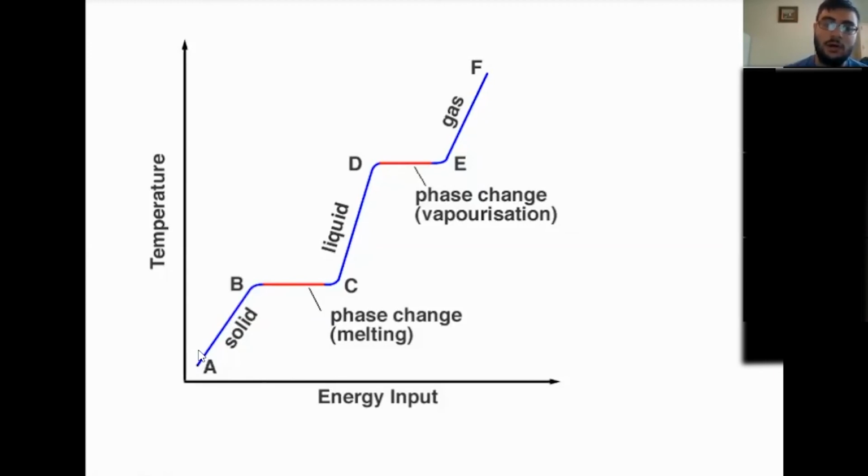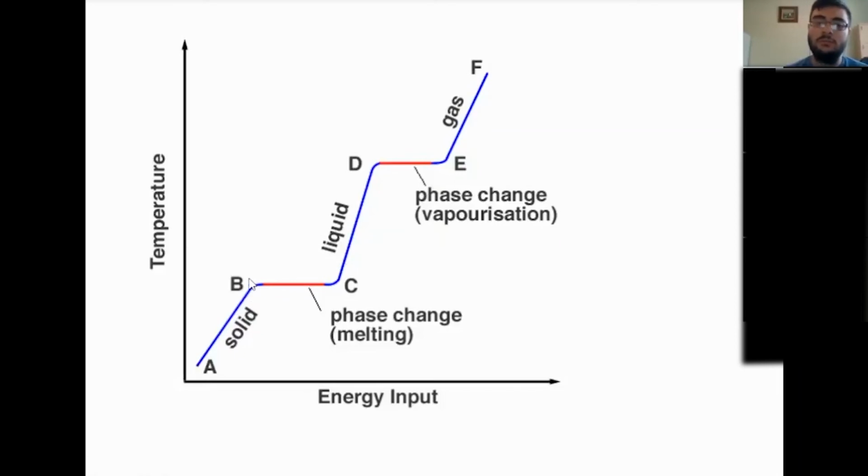See how ice starts off here at point A. As we put in more energy, the temperature linearly increases as we put in more heat. Say we had a blowtorch, a fire, a stove, some kind of heat source. As we add more heat, the temperature increases linearly in accordance with the formula Q equals mcΔT.